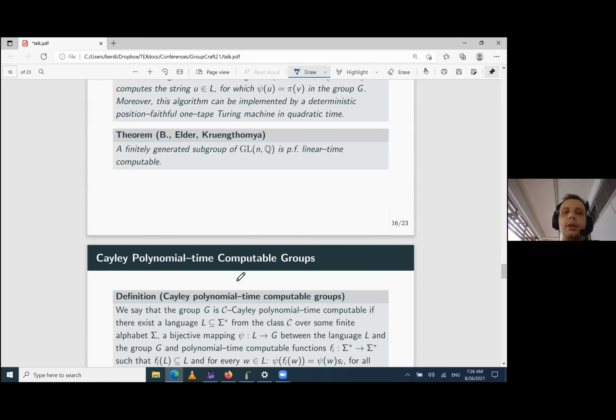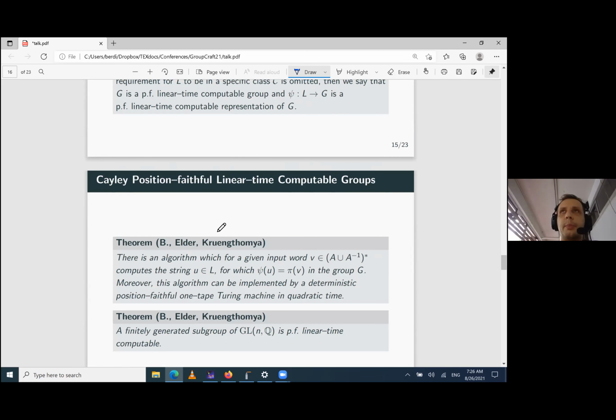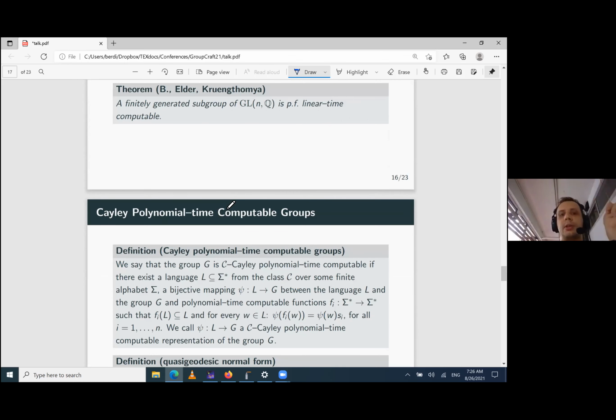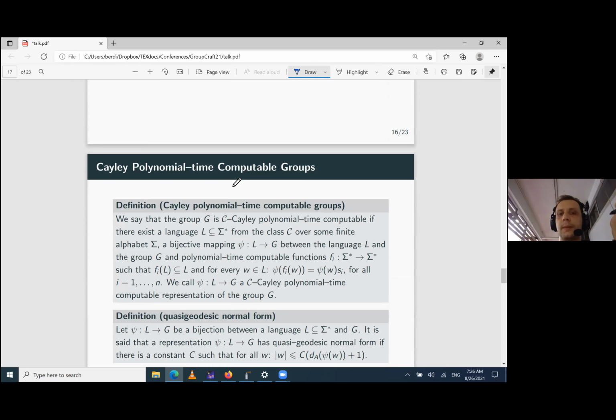Because if multiplication is implemented by a position-faithful Turing machine in linear time, then the normal form you get is always quasi-geodesic.